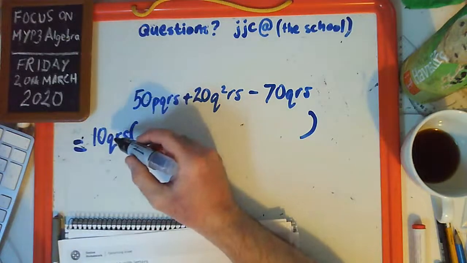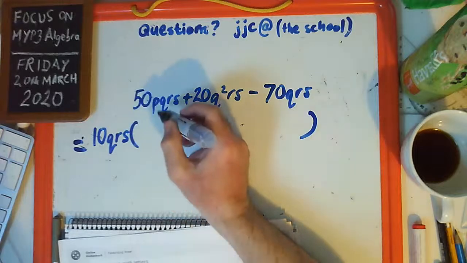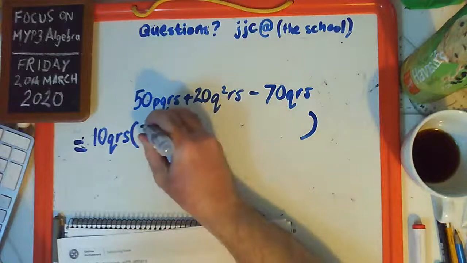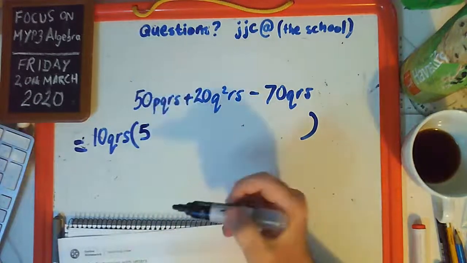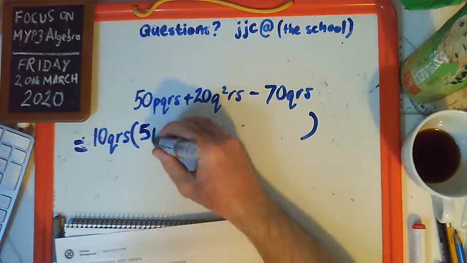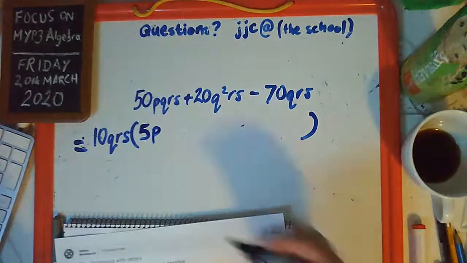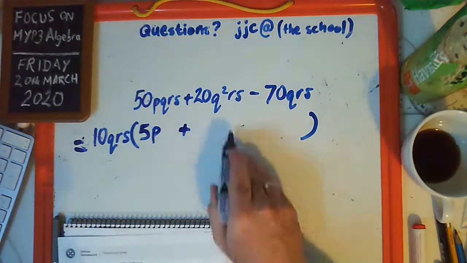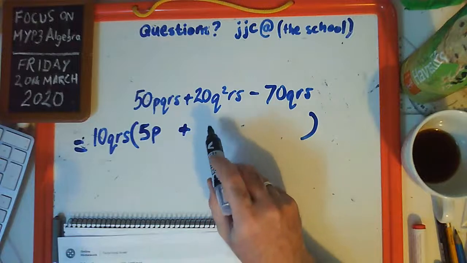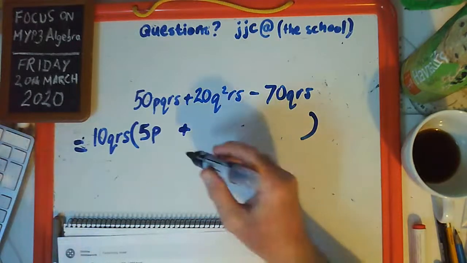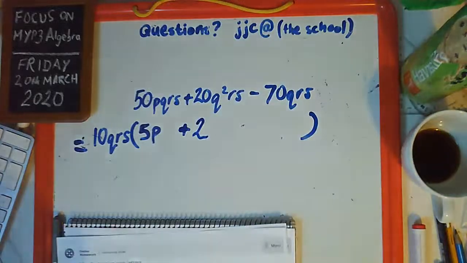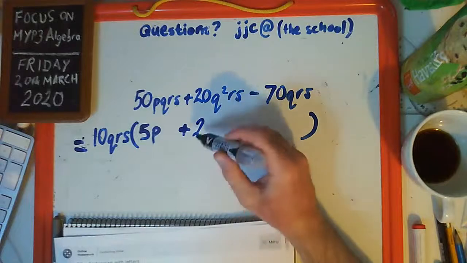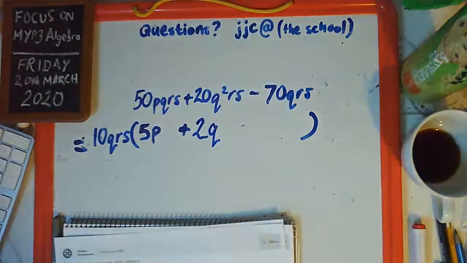Okay, so 10QRS times what inside the bracket will give me 50PQRS. So I'm going to need to multiply it by 5 to get the 50, and I'm going to need to multiply it by P to get the P. Next one. 10QRS times what inside the bracket will give me 20 Q squared RS. So I'm going to need to multiply it by 2 to get the 20. And I've got a Q, but I want a Q squared, so I'm going to need to multiply it by Q to get the Q squared.